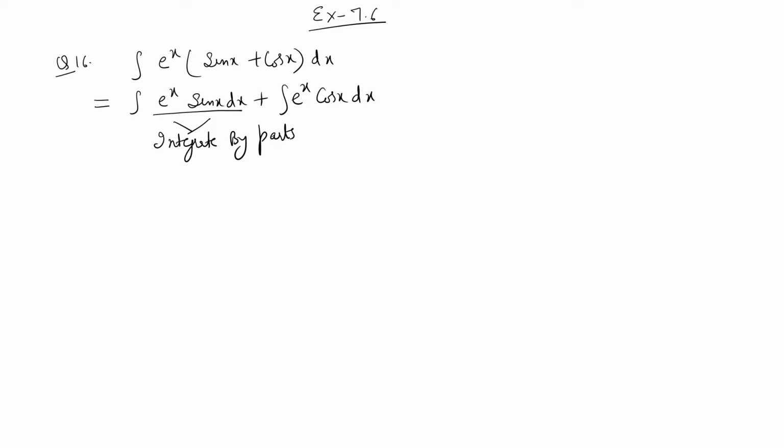So how is integration by parts applied? First function into second is integrated as first into integral of second, minus integral of differential of first into integral of second, whole dx. I'll take the trigonometric function as first and the exponential as second; you can take vice versa also.